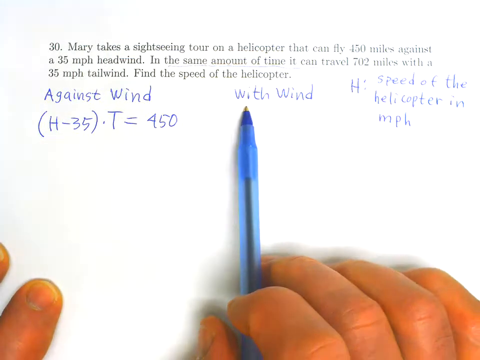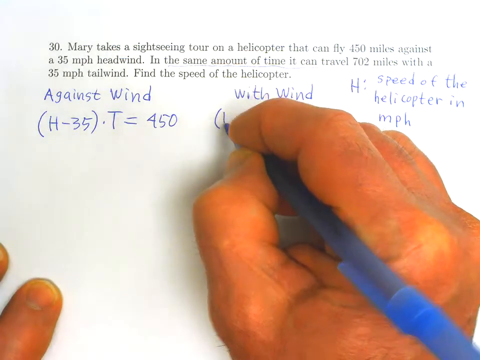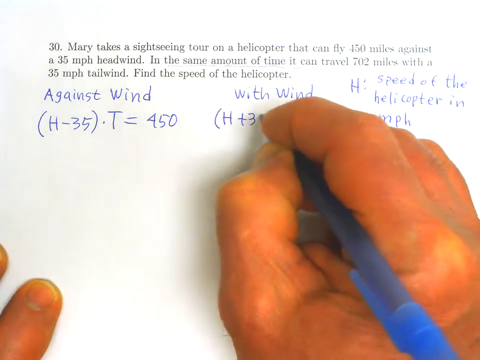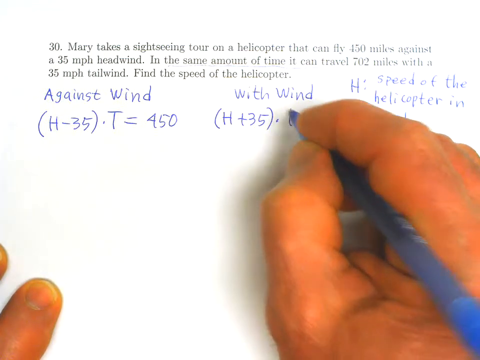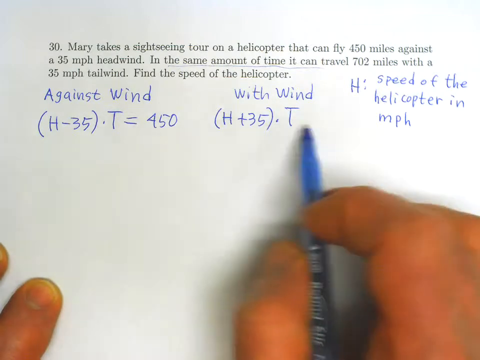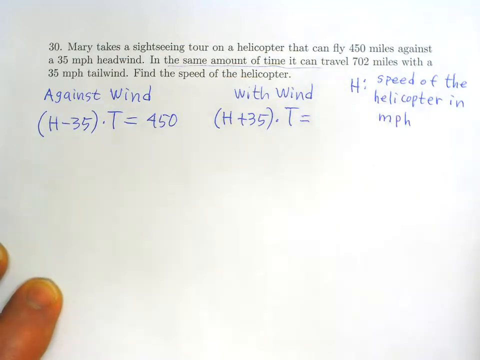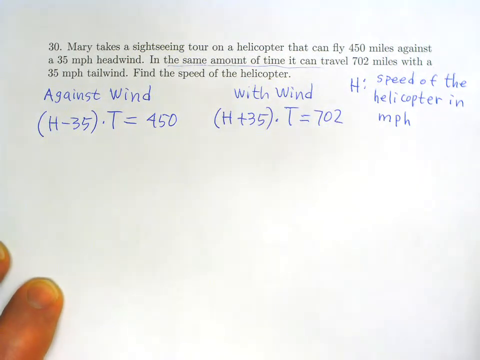When it's flying with the wind, the helicopter will be traveling at H plus 35 miles per hour because it's with the wind. And in the same amount of time that it flew 450 miles against the wind, it flies 702 miles with the wind.